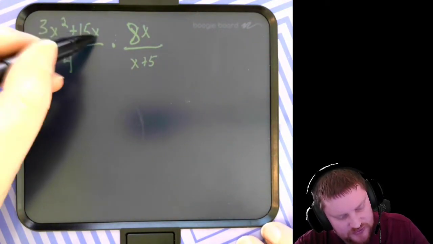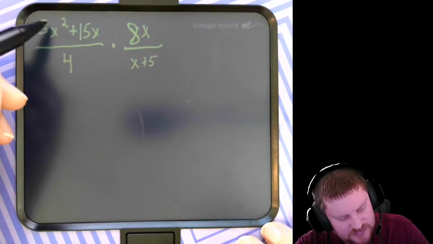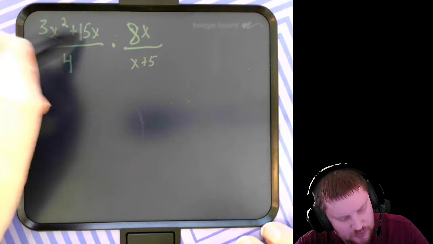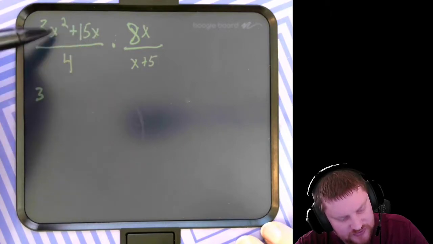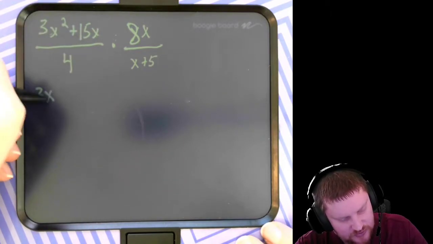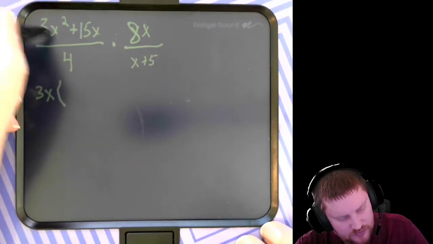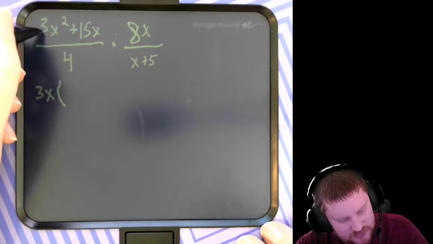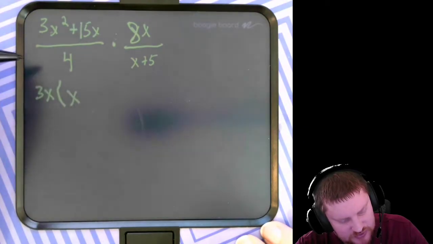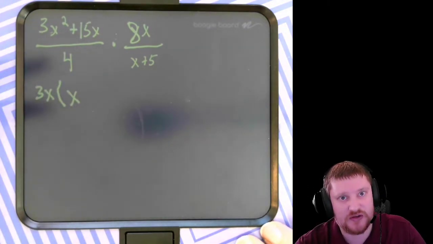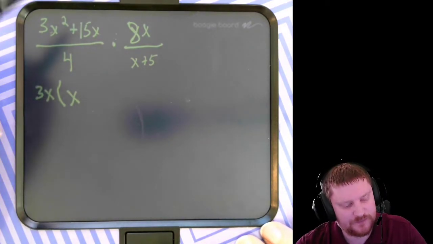3x squared plus 15x, factoring that out, I see that they both are multiples of 3, so I can factor the 3 out, but they're also multiples of x, so I can actually factor 3x out. 3x squared divided by 3x: 3 divided by 3 is 1, x squared divided by x leaves me with just x.